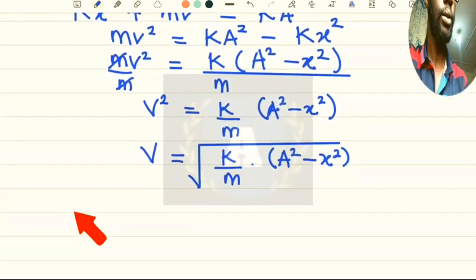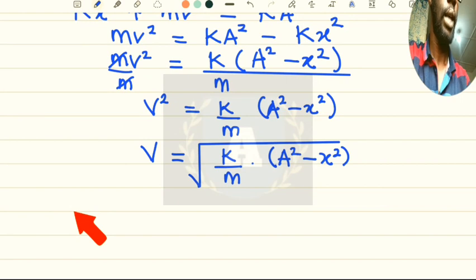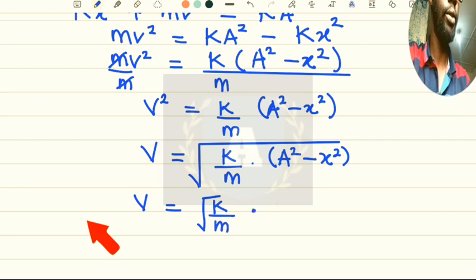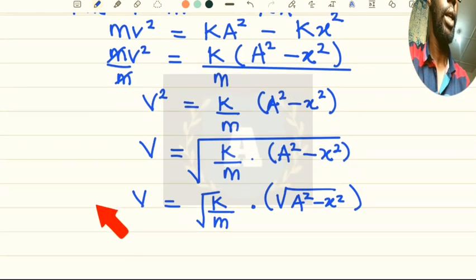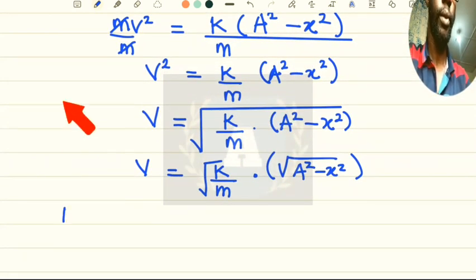Alright, so that is the velocity. Now, you need to know that the angular frequency is equal to the square root of K over m.